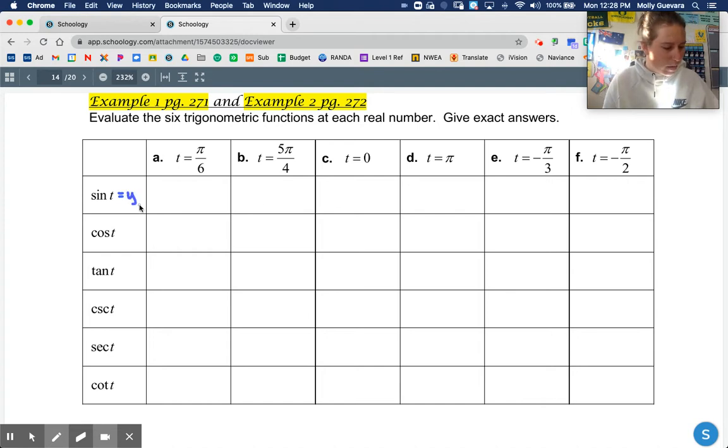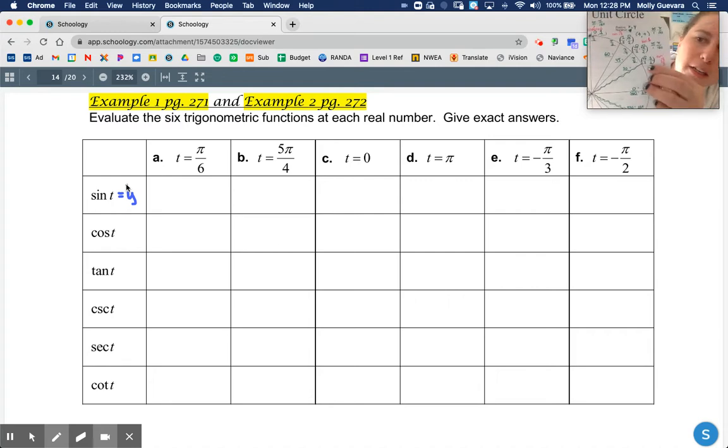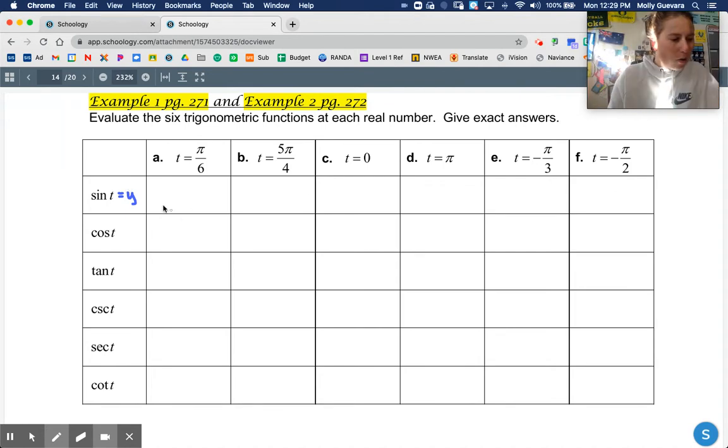That is what we filled out on the very first page of this lesson. So it's just the y value. So if I go to pi over 6 right here, I want the y value. Well, the y value of that coordinate is 1/2. So sine of pi over 6 is just 1/2.